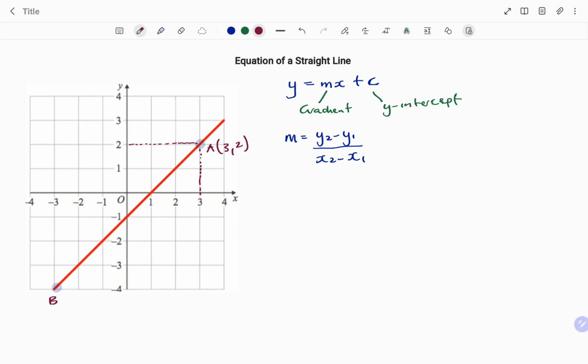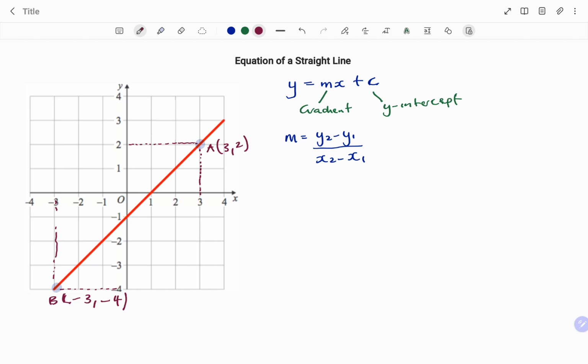For my B point, if I trace down to my x-axis, I have that as minus 3, and if I do the same for my y-axis, I have minus 4 or negative 4.